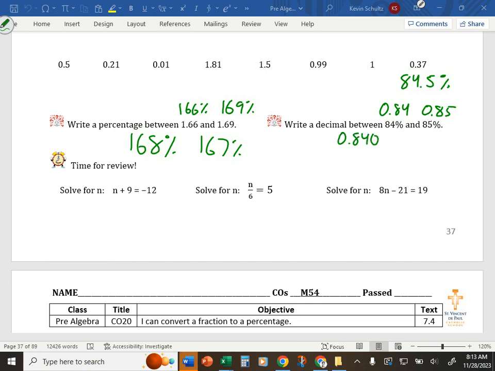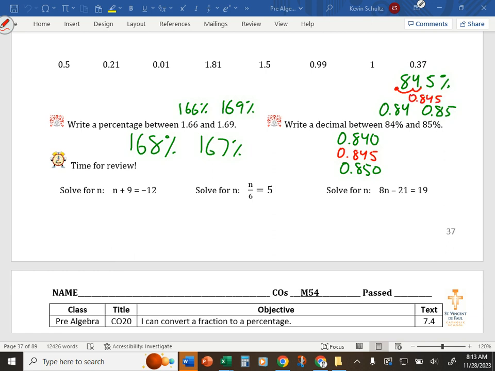Remember, we can add zeros to the end of 0.84 and 0.85 to get essentially 840 and 850. 0.845, if you want to think like that, is between 0.84 and 0.85. 84.5%, like Aiden said, if you convert it to a decimal, you move the point to the left, and that gives us 0.845.